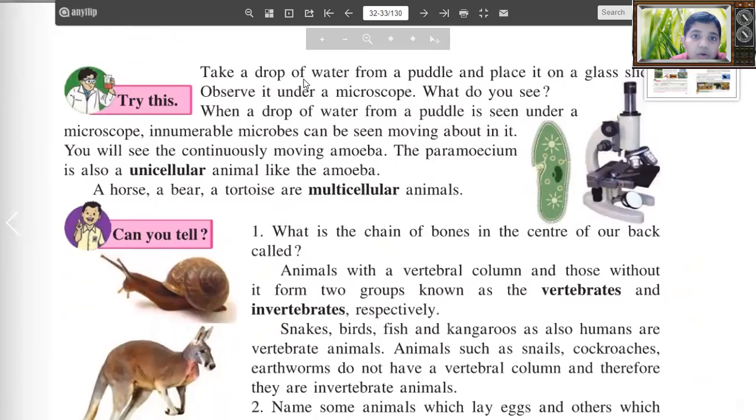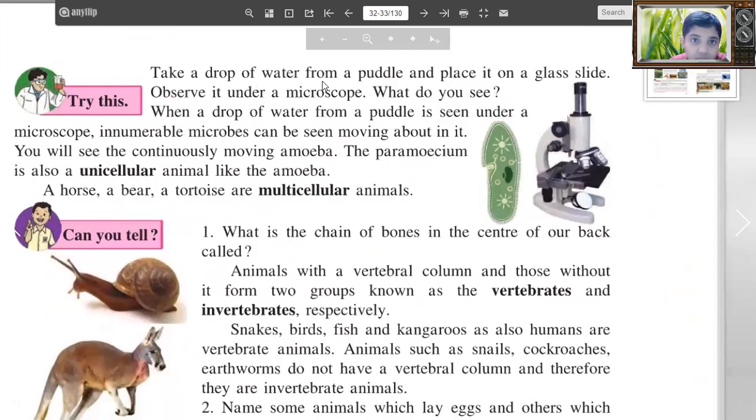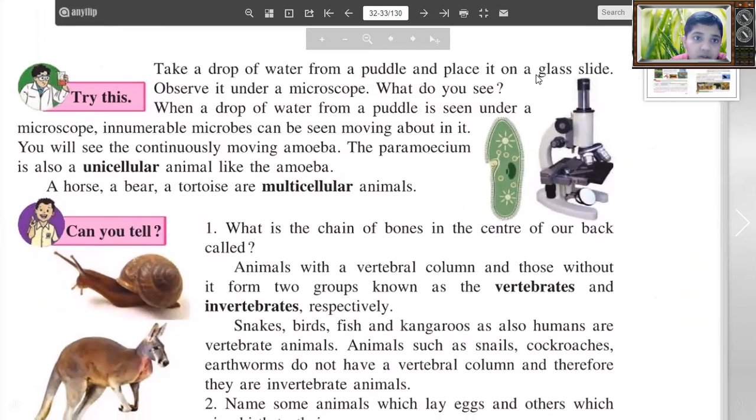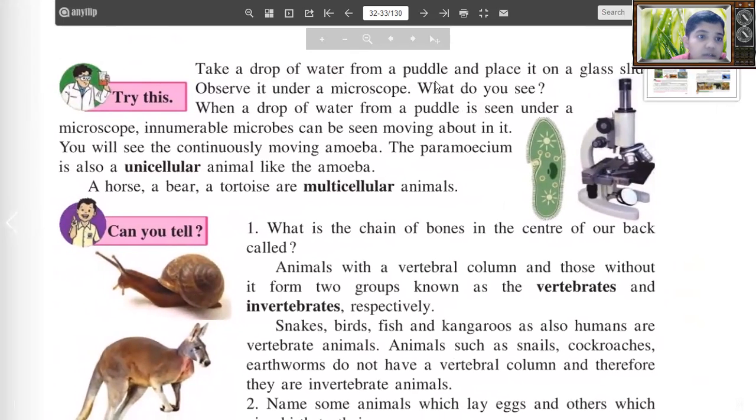Take a drop of water from a puddle and place it on the glass slide. Observe it under a microscope. What do you see? When a drop of water from a puddle is seen under a microscope, innumerable microbes can be seen moving about in it.